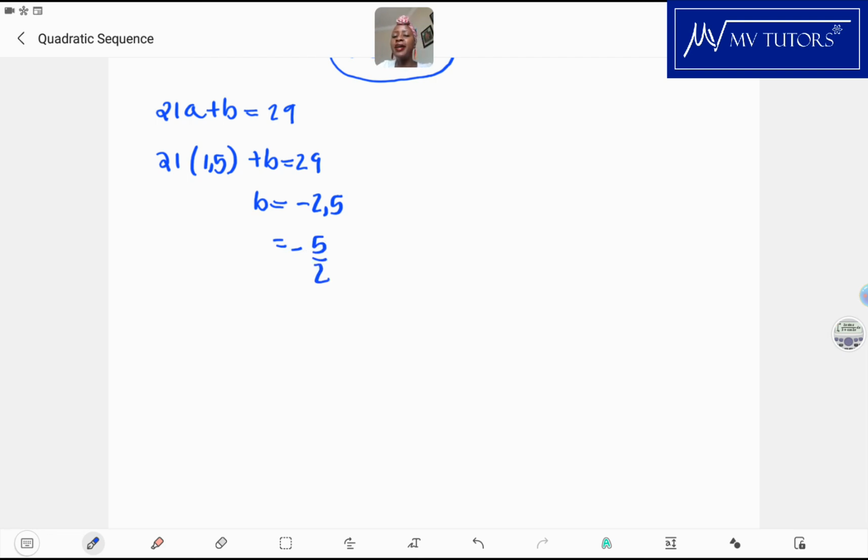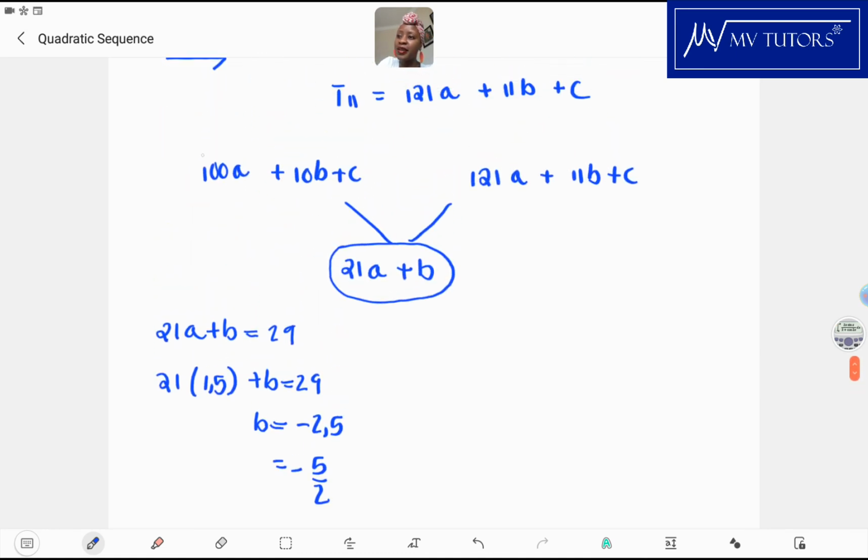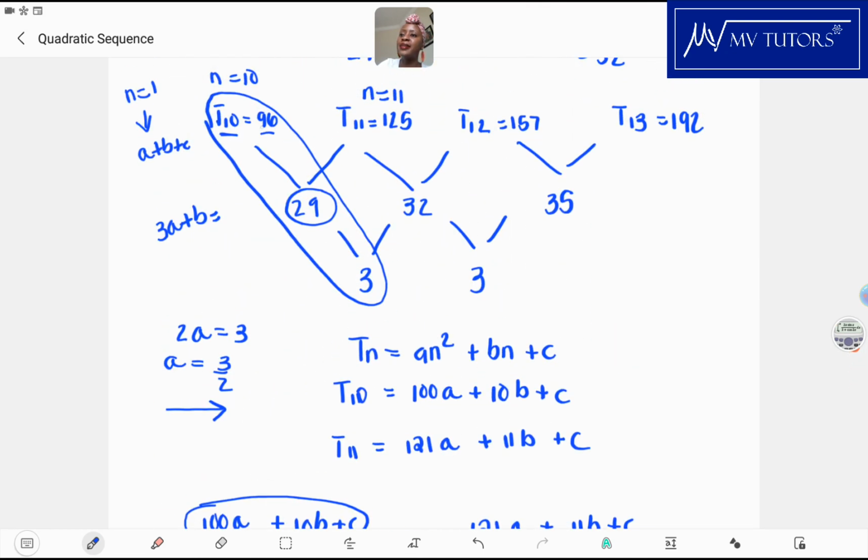Okay, so I have b, and now I'm left with c. For c, I can use this: 100a plus 10b plus c is equal to 96.